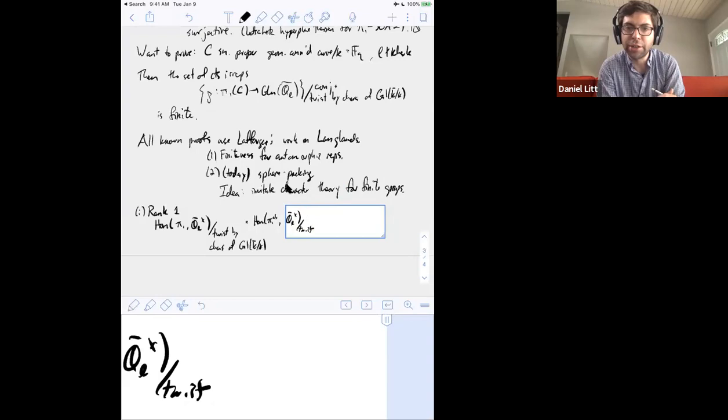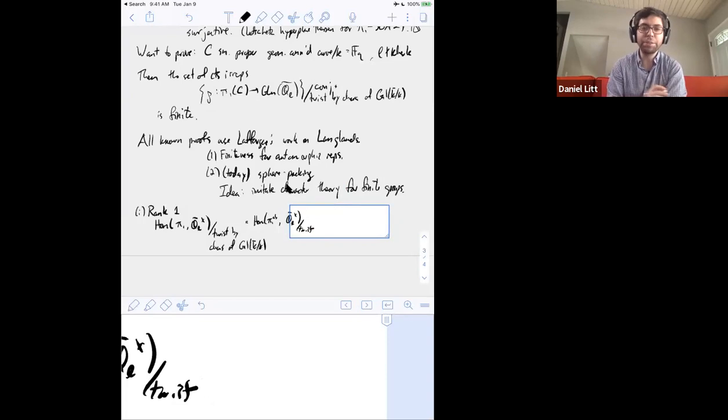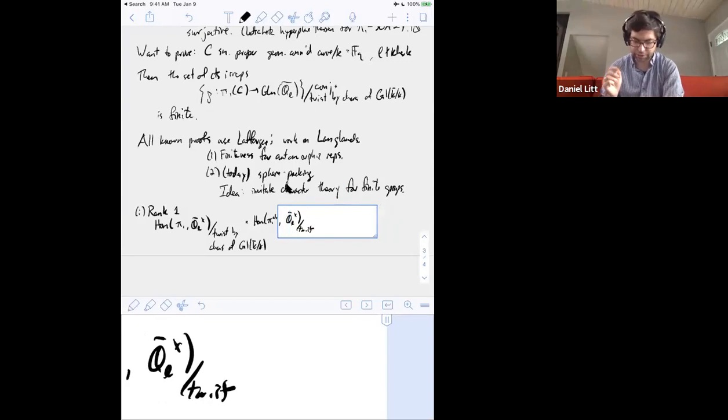Someone has drawn an arrow. Oh, that's all right, Michael. All right, so I claim this abelianization is just the Tate module. Sorry, this is a little tricky.